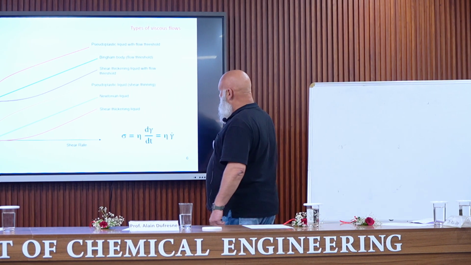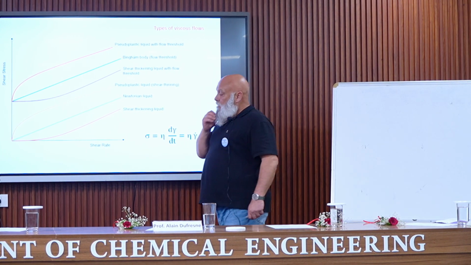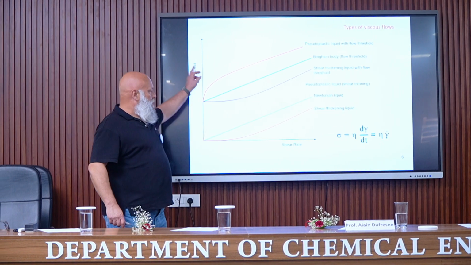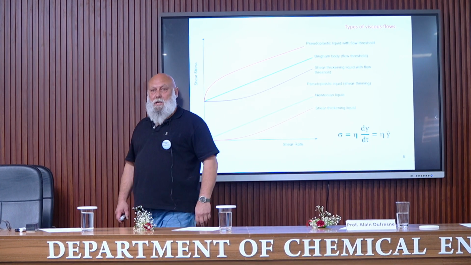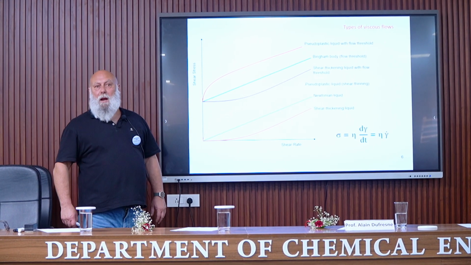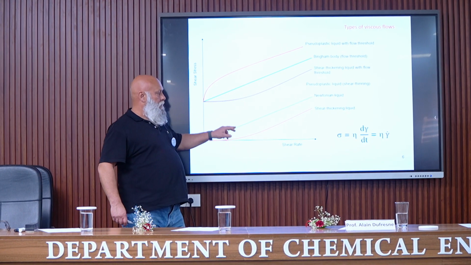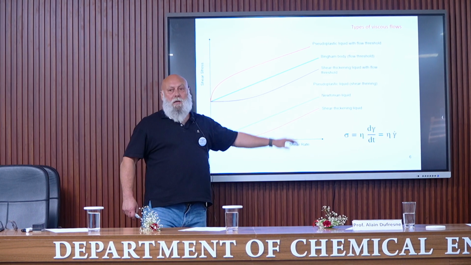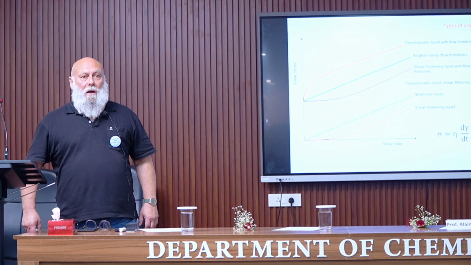We can observe different behavior when plotting the evolution of the stress as a function of the shear rate. We can have what is called a Newtonian liquid. You can see that the slope of this curve corresponds to the viscosity. For a Newtonian liquid, the viscosity is constant and it doesn't depend on the shear rate which is applied to the material.